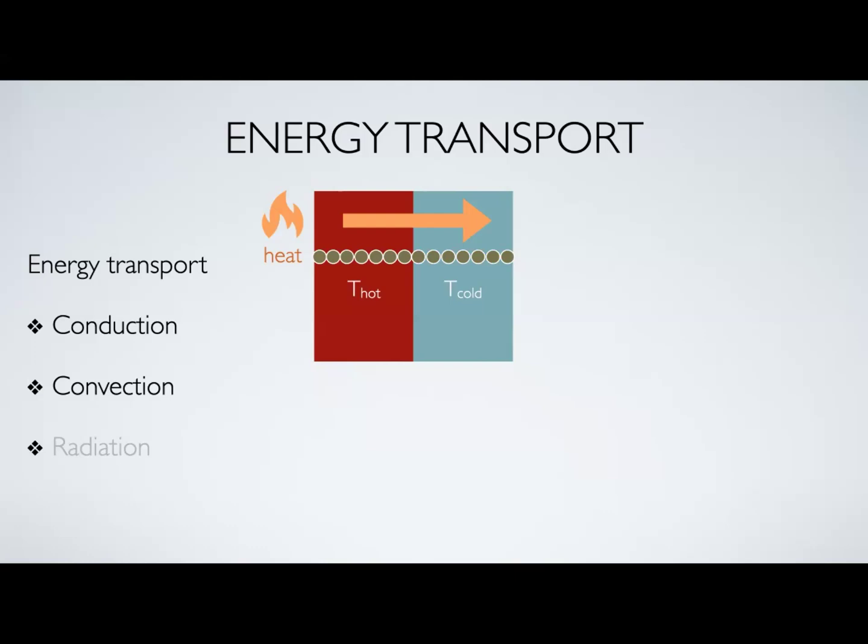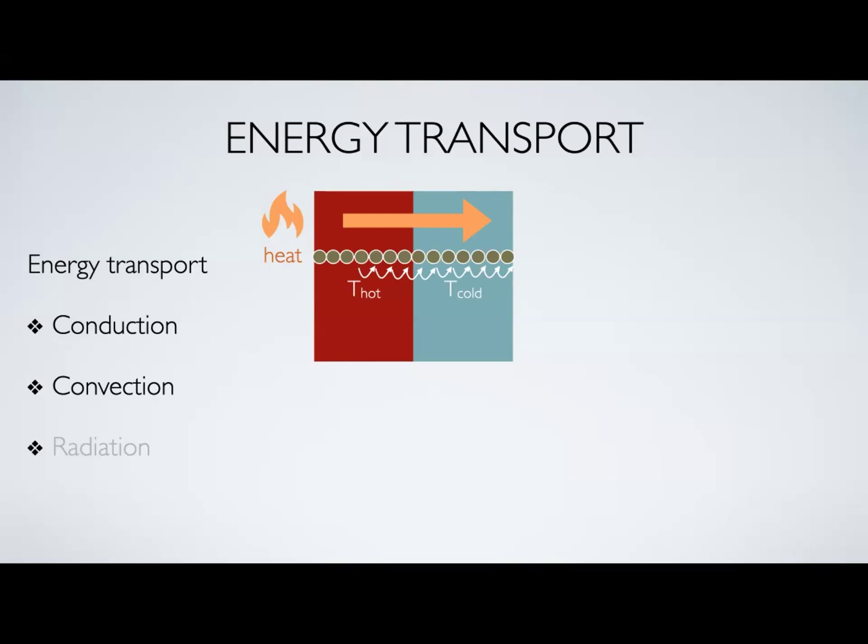You can see that the left-hand side will have a higher temperature, so it's going to vibrate. The one with the higher temperature or higher energy is going to vibrate more, and then it's going to transfer its energy to the right-hand side, which has lower energy or lower temperature.